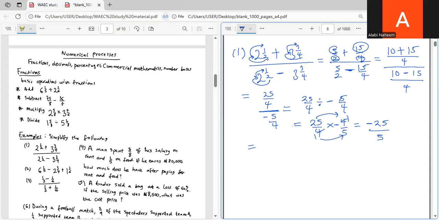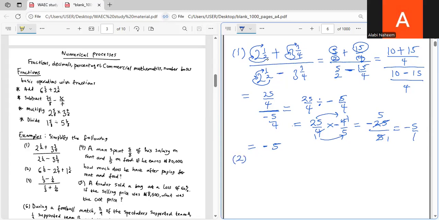That's how we multiply two fractions. Here also 5 divided by 5, 1, and 5 in 25 is 5. So we have minus 5 over 1, and that's minus 5. If you have any number divided by 1, it is equal to that number. 10 over 1 is 10. 2 over 1 is 2. So that's the answer to the first question.